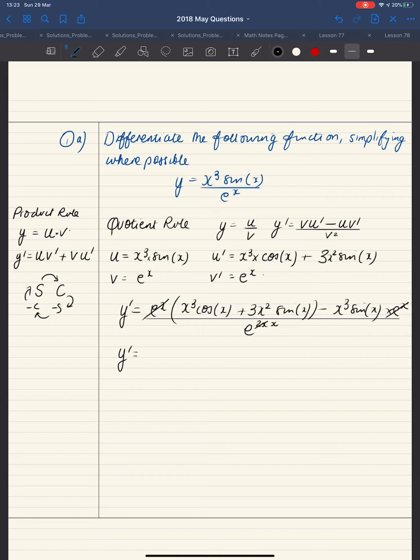Y dashed is, I suppose if we're simplifying, the top terms all divide by x squared: x cos x plus 3 minus x sine x, all divided by e to the power x.